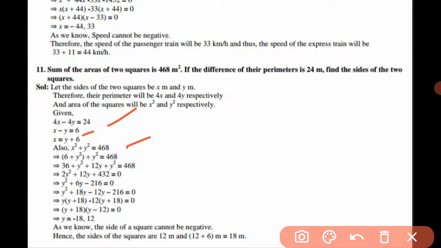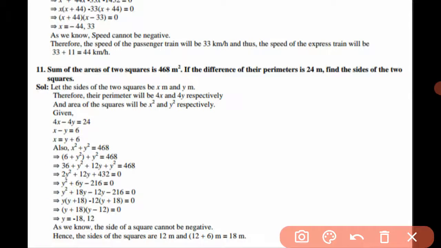Now also x square plus y square equals 468. So here we can put the value of x, that is (6 plus y) square plus y square, which will be equal to 36 plus y square plus 12y plus y square equals 468. So by solving this, the equation will become y square plus 6y minus 216 equals 0.